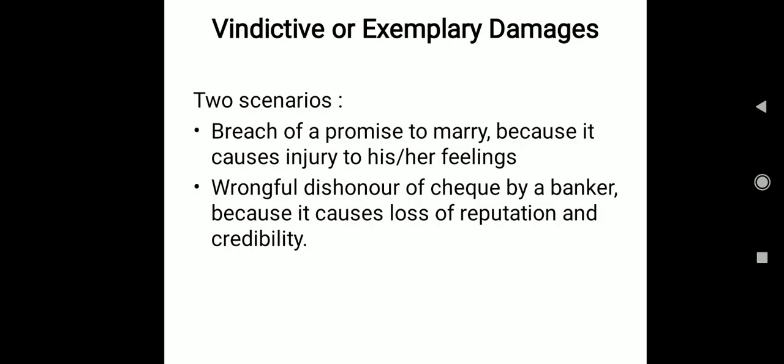And the other scenario is wrongful dishonor of a cheque by a banker, because I hope you remember in your fourth semester, wrongful dishonor of a cheque used to cause loss of reputation. So in these two situations vindictive or exemplary damages arise.